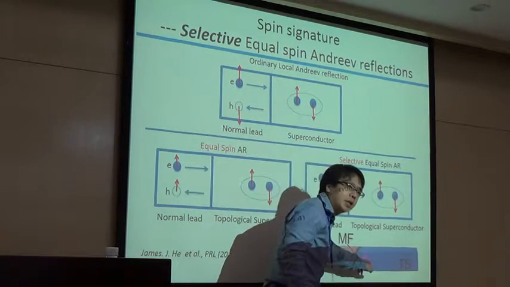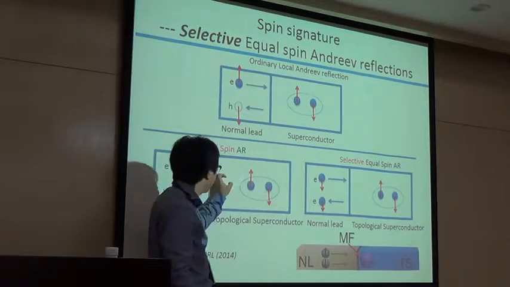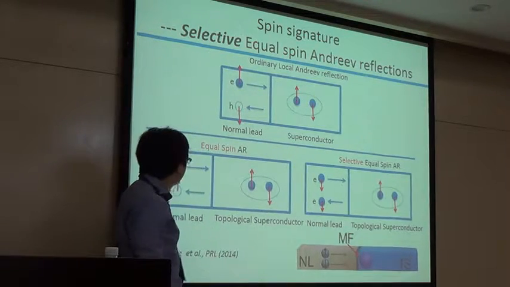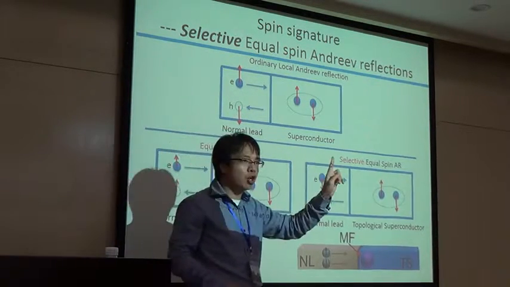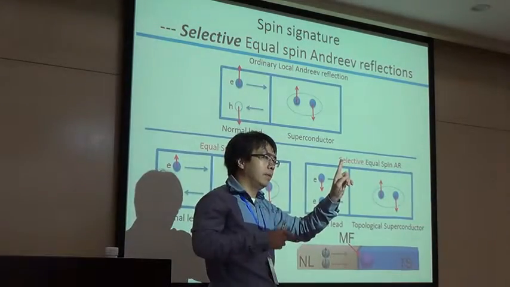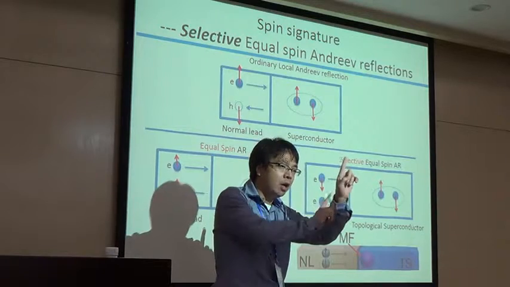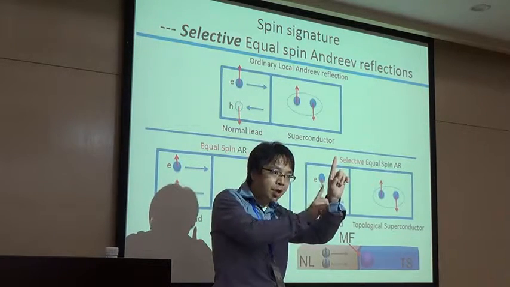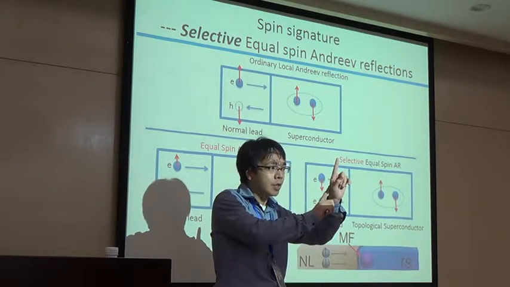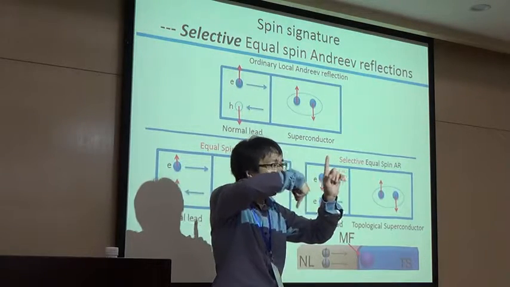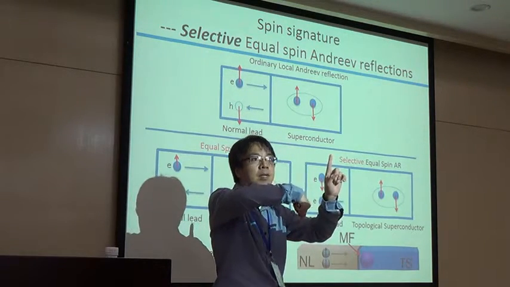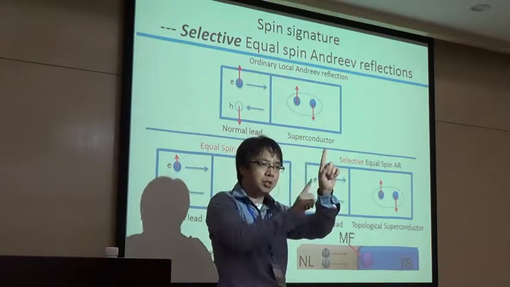But what happens for a topological superconductor is very different. You have the Majorana sitting here. When you shoot a spin-up electron in, this spin-up electron will partner with a spin-up electron below the Fermi energy. It's not spin down. For an ordinary superconductor it's spin down, but for this topological superconductor it has to be spin up.